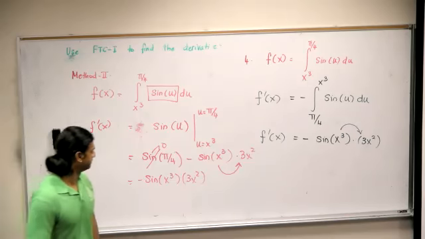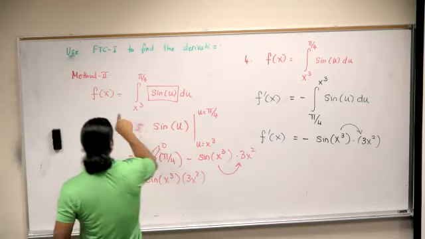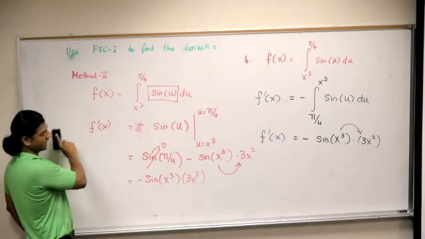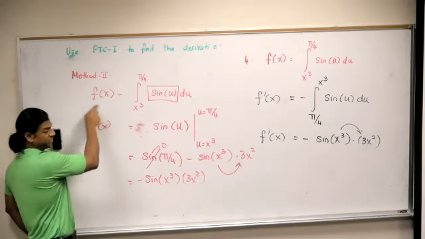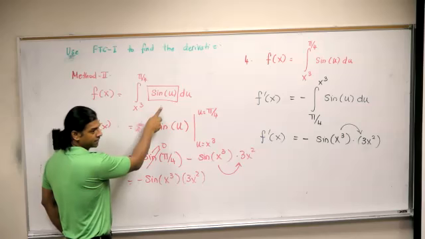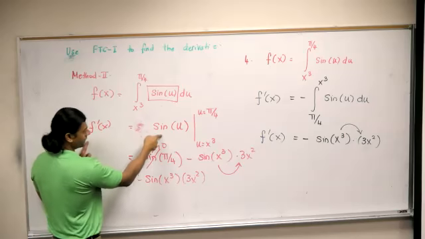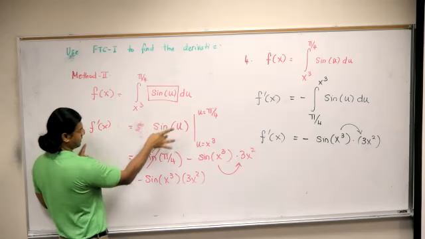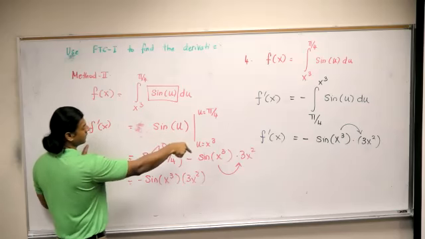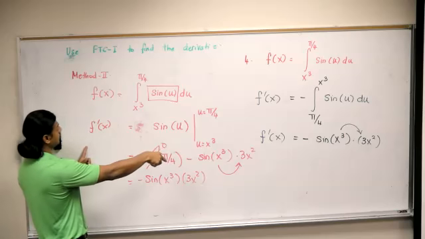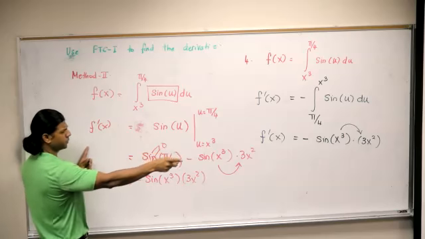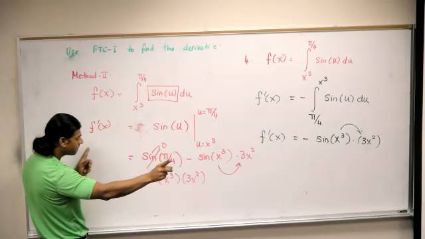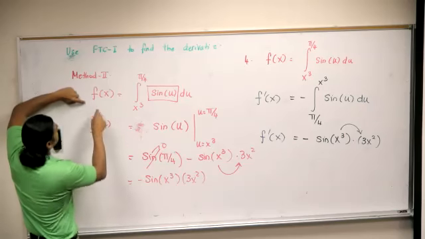Yes? And why do we take the derivative? Because the derivative of the antiderivative, which is this, would equal the function, right? So I've put that function over here, from here to there. What was your question again? Why did we take the derivative of sine?